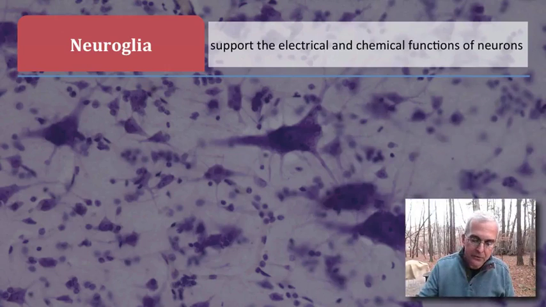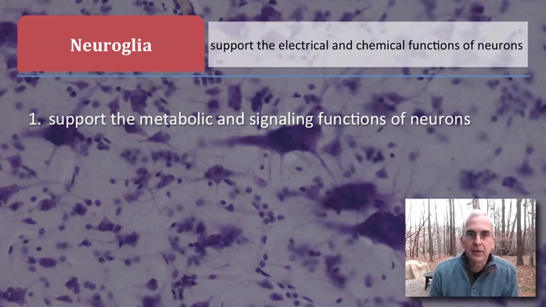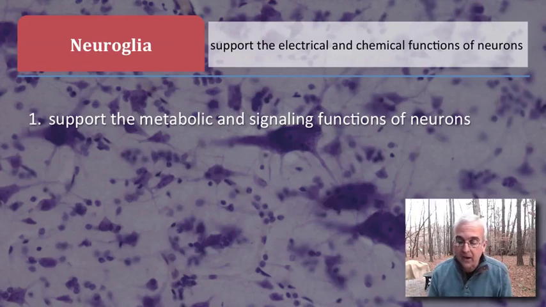The neuroglial cells provide a variety of functions for brain tissue. Perhaps the broadest summary statement that captures a variety of their functions would be to simply state that they support the metabolic and the signaling functions of neurons, which often involves both electrical and chemical signals.